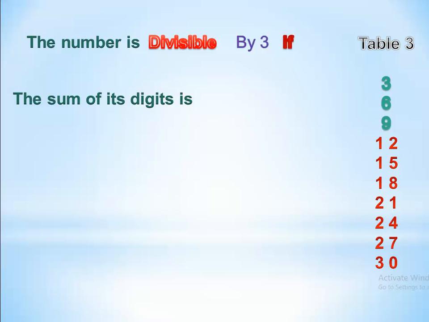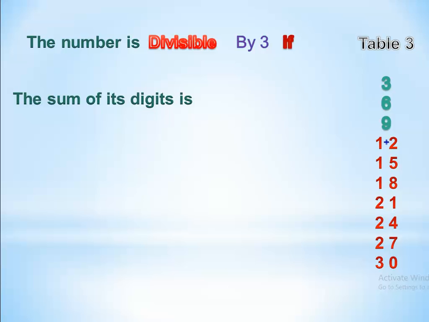If we revise table 3: 3, 6, 9, 12, 15, 18, 21, 24, 27, 30. So to check divisibility by 3, we must take the sum of the digits of these numbers. For 3 and 6 and 9, we don't need to make a sum.